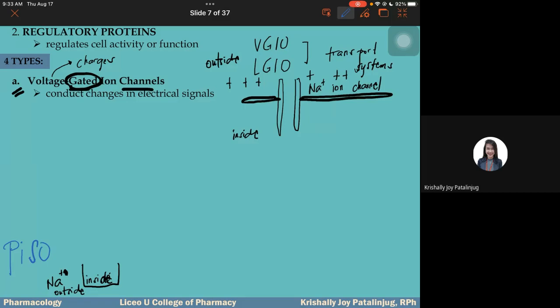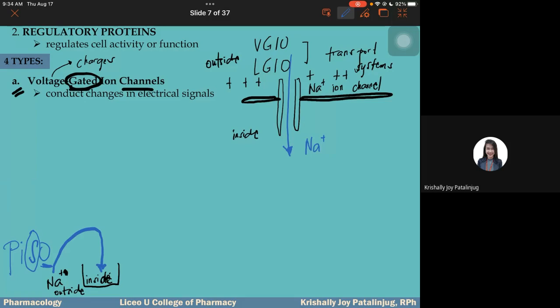The mnemonic is PISO, sodium out. So normally, sodium ions are found outside the cell. When the sodium ion channel opens, what will be the movement of the sodium ion? It will enter the cell. So sodium ions will enter inside the cell. That's the manner of movement of the ions; it depends on their normal location, where they are normally found.